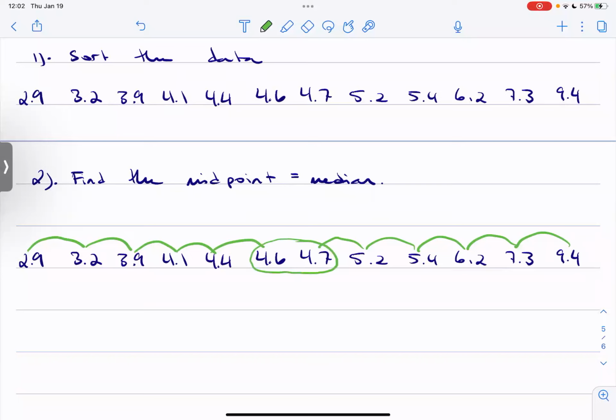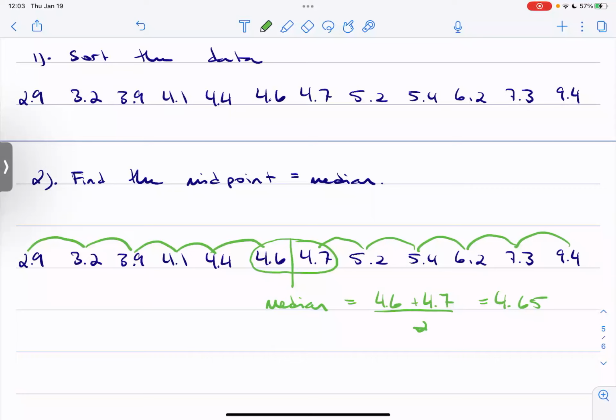Then we draw a line down the middle, and that line is the median. Not the 4.6, not the 4.7. The median is the average of those two. Very confusing, right? We take the mean to find the median. So the median is 4.6 plus 4.7 divided by 2, which is 4.65.